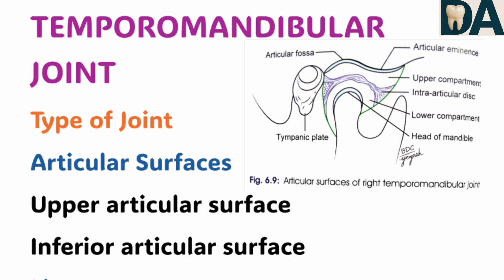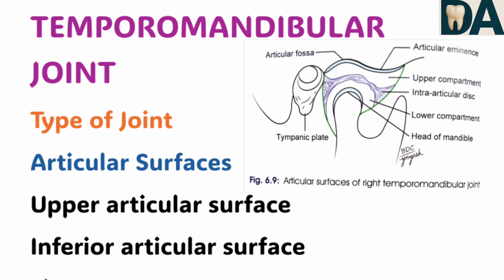One is the superior articular surface, which is formed by the temporal bone. The temporal bone has some parts: the tubercle of the root of the zygoma and the anterior part of the mandibular fossa, and the non-articular part formed by the tympanic plate.